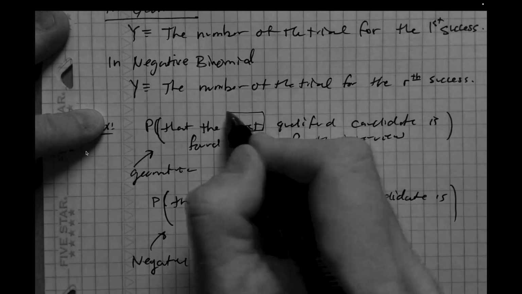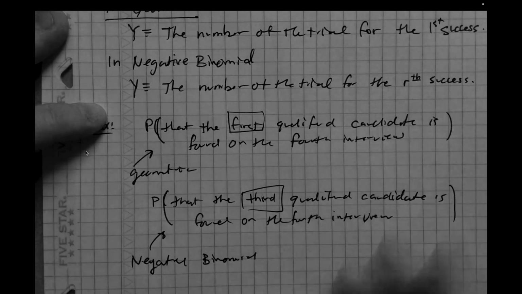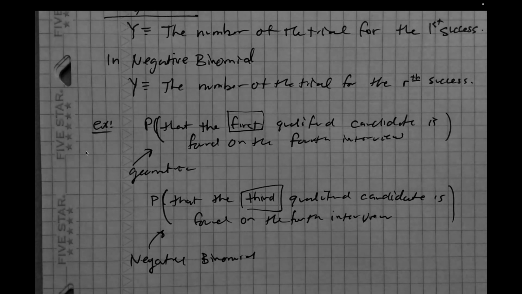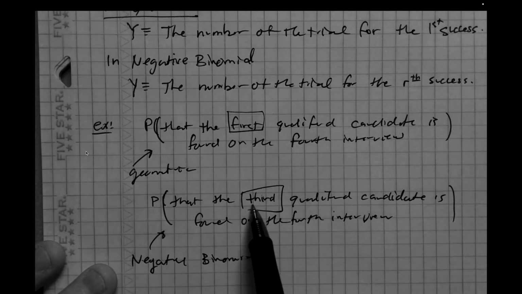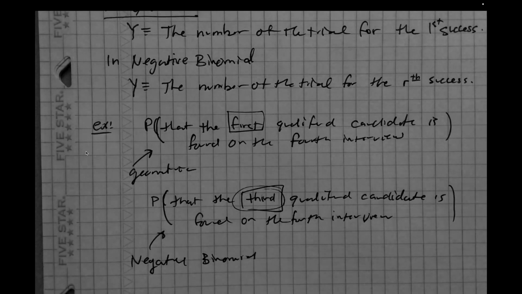So it's all about this first. Instead of first, we're saying something like third. That's why we say it's a generalization of the geometric distribution. The geometric distribution is really just a negative binomial distribution where the number of successes is set to 1.